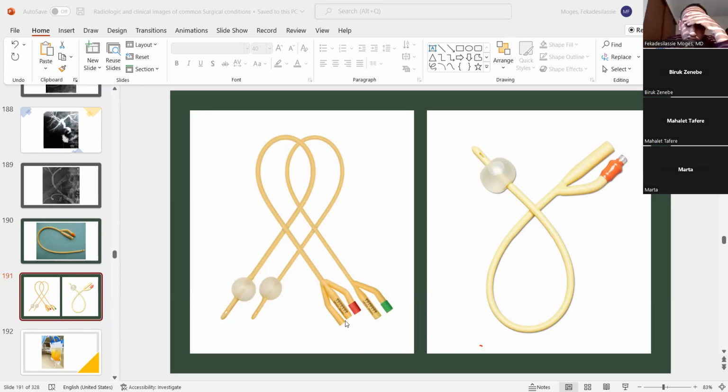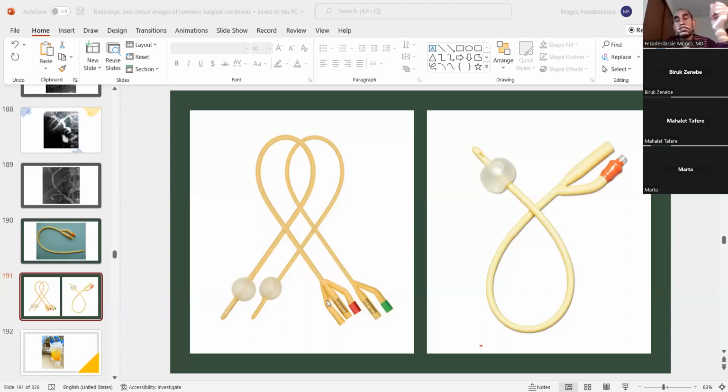So most of the time we use this port, the larger one, probably for drainage, and we use this port to connect it with some saline. For example, if you want to do a continuous bladder irrigation, you can connect this port with an IV bag full of saline, and then the saline would go with gravity through this one, goes in, comes out, irrigates the bladder, and then you just recollect that same fluid, you drain it through this one.